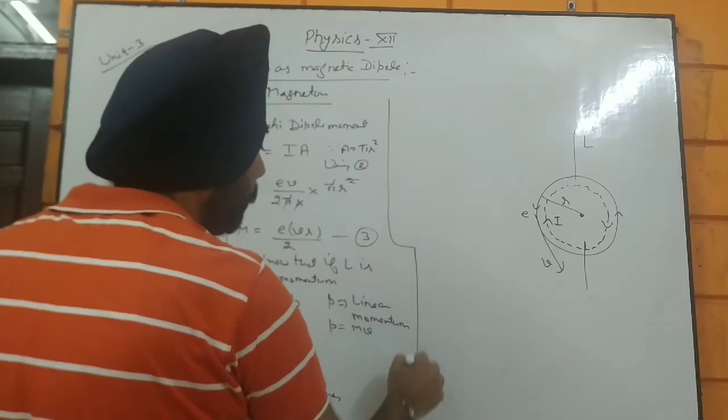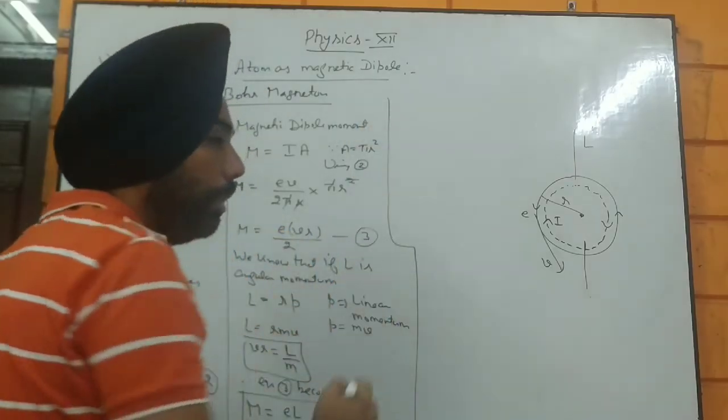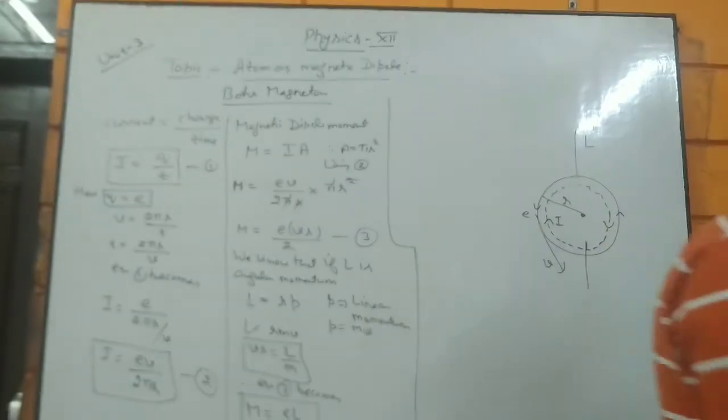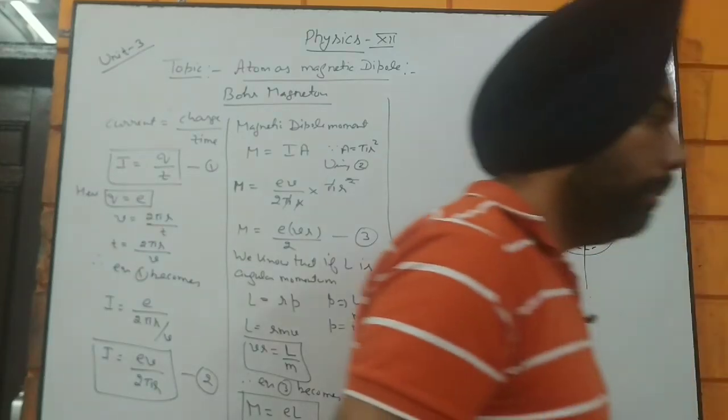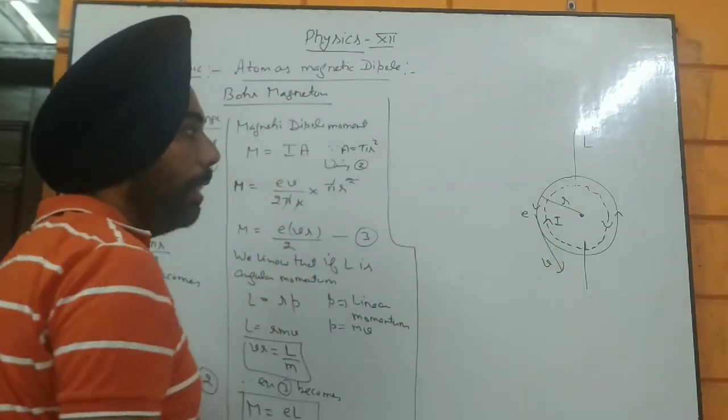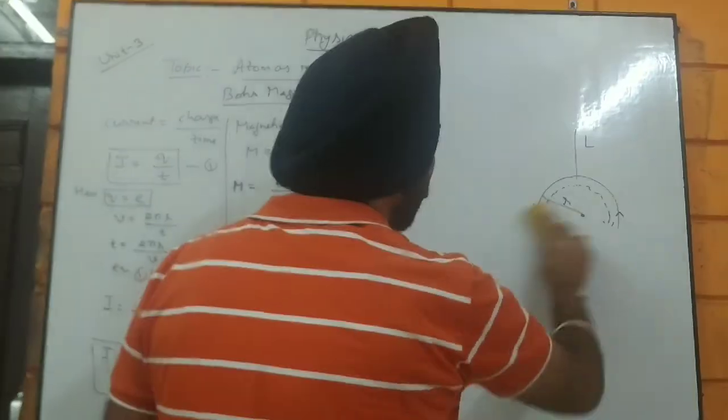Now what we are going to calculate from here? So we are just going to put up some values here. So that is according to Bohr's magneton theory. Now what is Bohr magneton theory? As angular momentum is, we can also erase that diagram because we don't need that diagram right now.